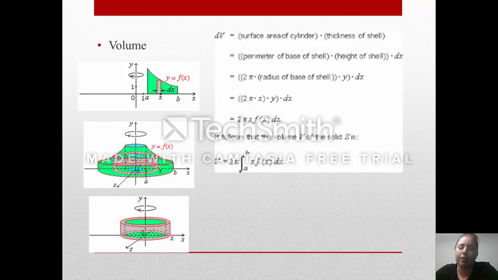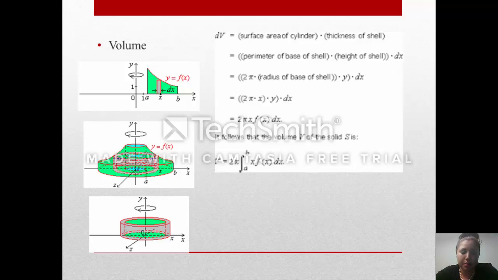We're going to rotate it around the y-axis, making this cylindrical looking thing. In proper terms, this creates shells, cylindrical shells. If you go down the process, what we have is the area.